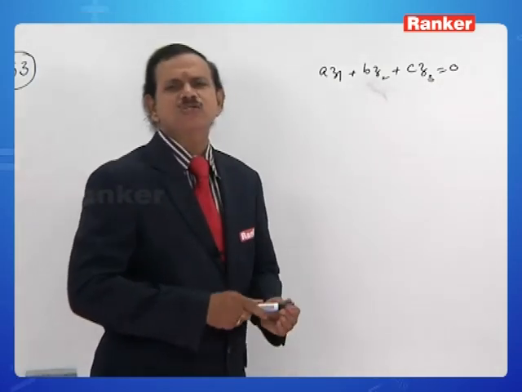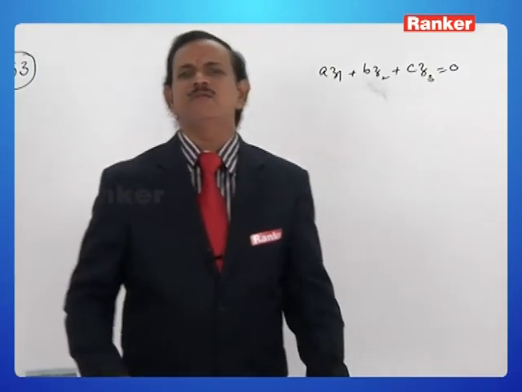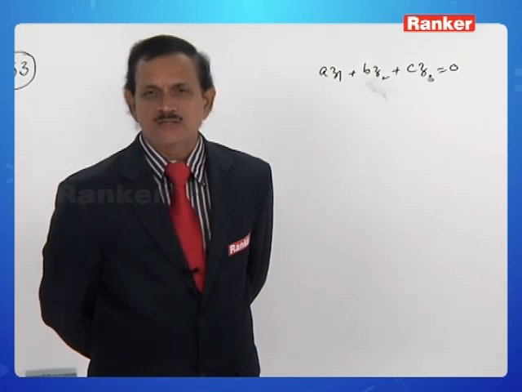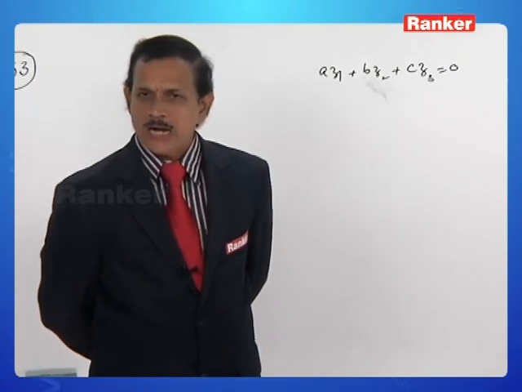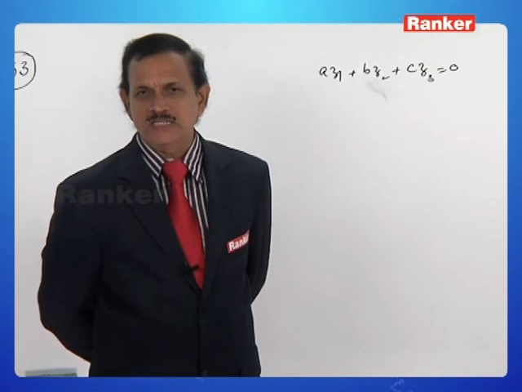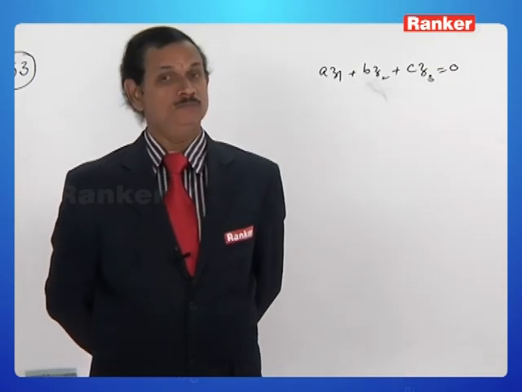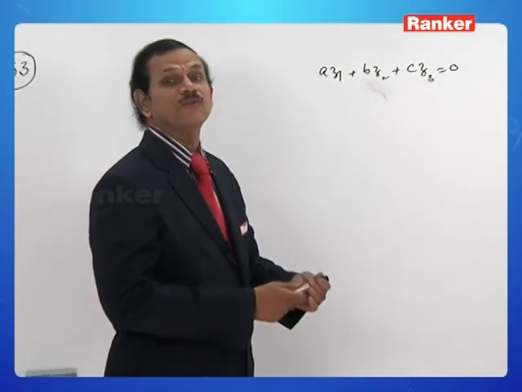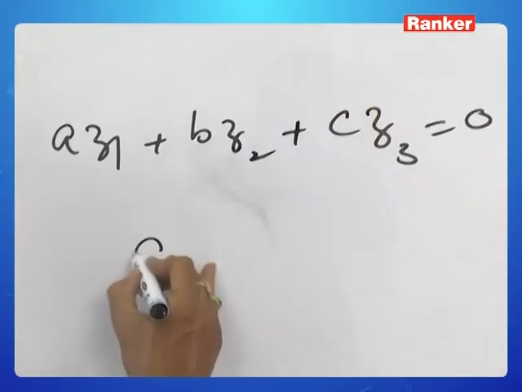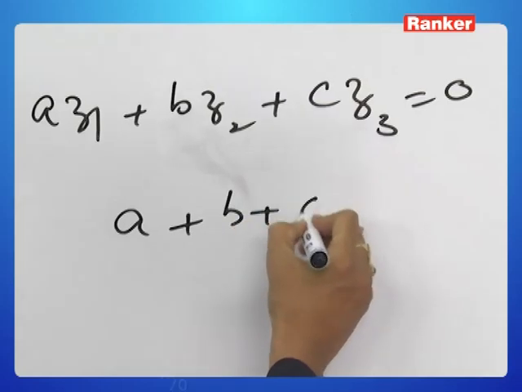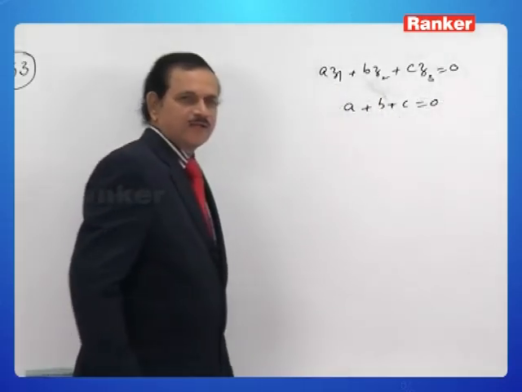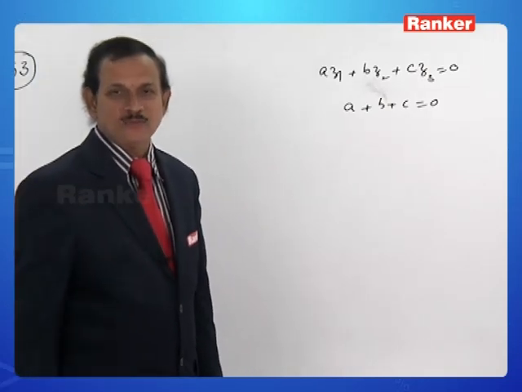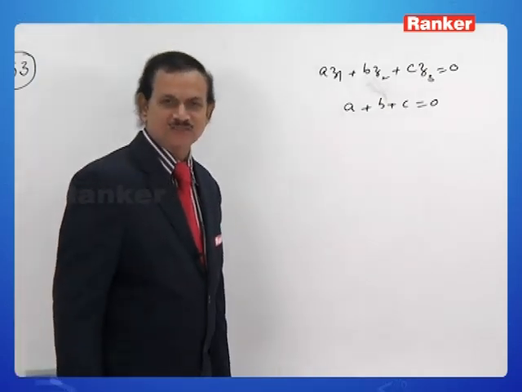In a nutshell, if three complex numbers Z1, Z2, Z3 are collinear, and AZ1 plus BZ2 plus CZ3 is equal to 0 is given, then you can easily use that A plus B plus C is equal to 0. That is, of course, the strong weapon in our hands to achieve the answer for this question.